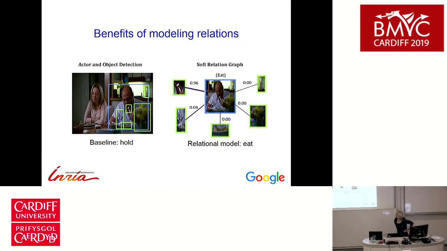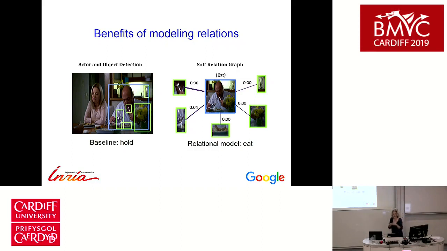So we can see here on the left the person is classified as holding, which is actually not incorrect, but he's holding a fork. And then here the relational model learns that the fork is important for the action, and then we can actually label the action as eat, right?